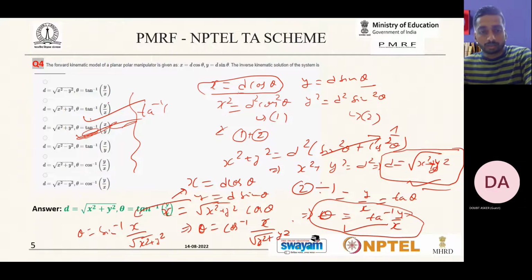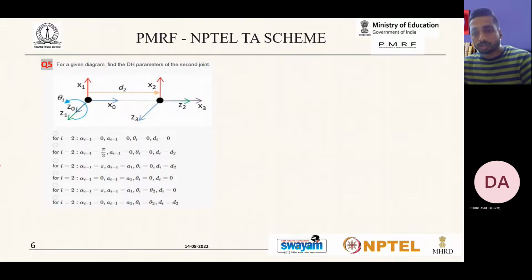So these are the questions to find out how we can solve the inverse kinematic equations to find out the joint parameters once the end effector positions are given.